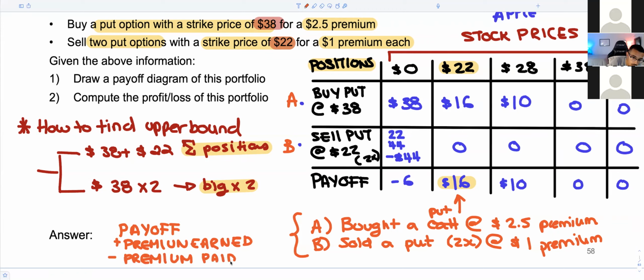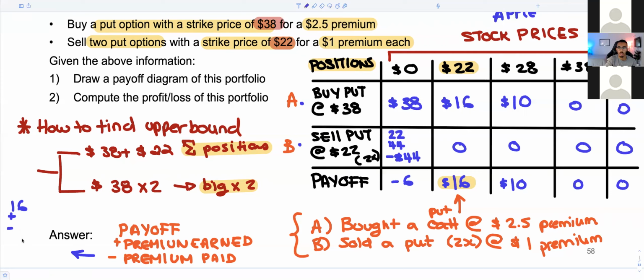In this case, we purchased a put option with a $2.5 premium, so we had to pay for that. But we also sold at B 2 puts at a $1 premium. So we earned $1 twice from the person who bought it from us. I'll put it in blue just to make it different. In other words, we would have $16 as our premium, plus how much and minus how much?